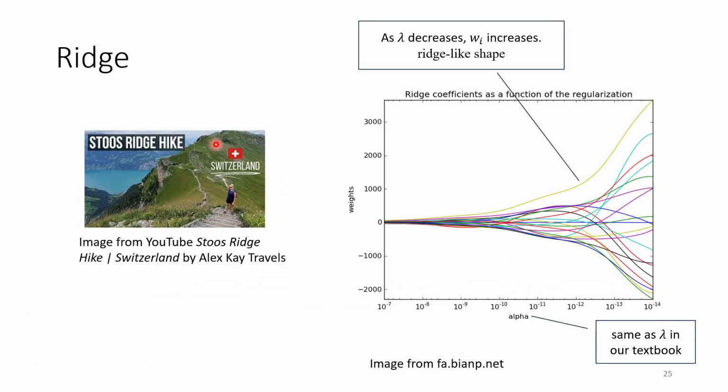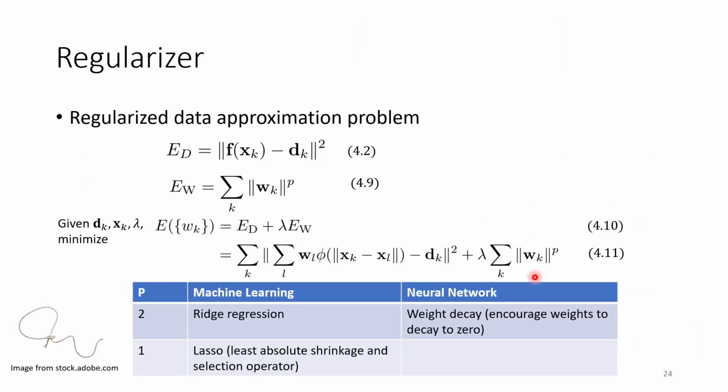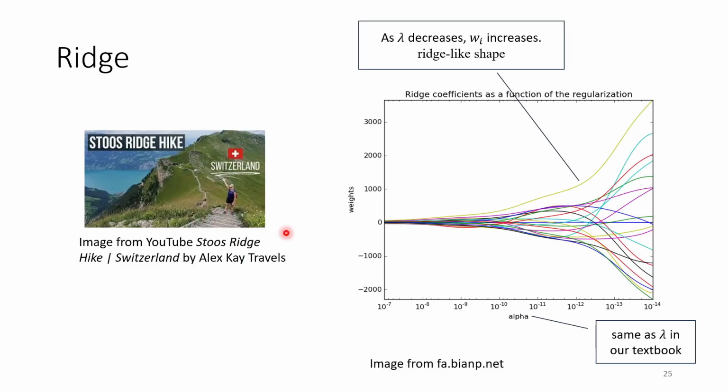If we change the value of lambda, which is a hyperparameter to balance the two terms, slightly, and we seek the optimized weights, then it will look like this. If we use a relatively large lambda, then most of the weights will be suppressed to 0.